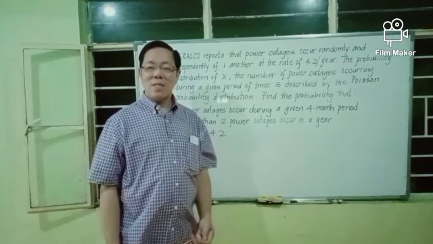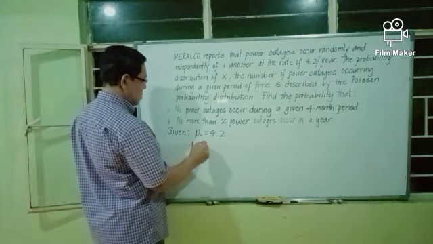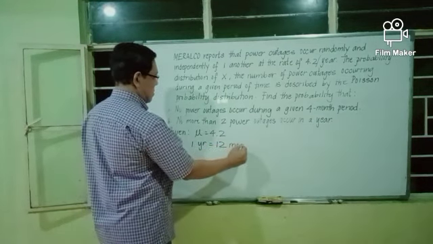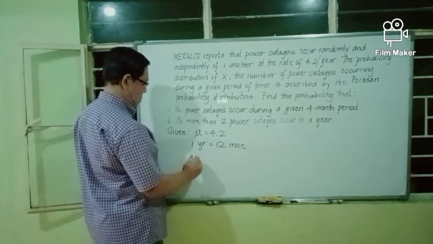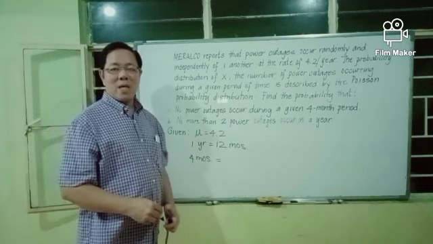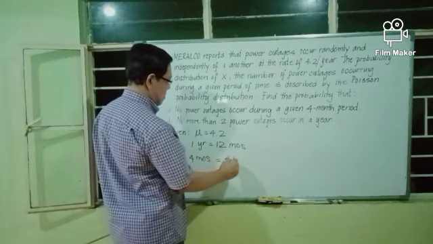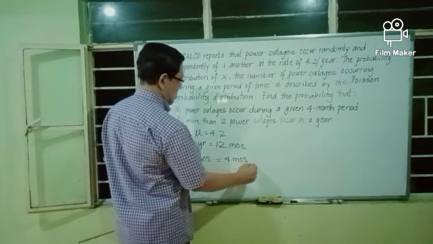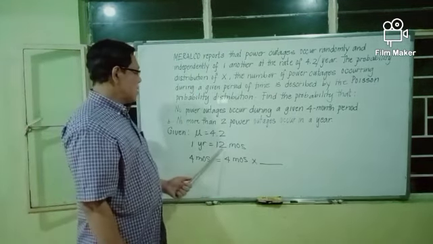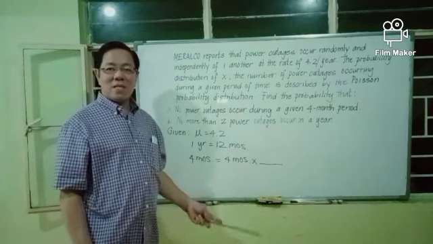And we know that in 1 year, there are 12 months. And we convert 4 months into year by multiplying 4 months by a conversion period. The conversion period is a fraction where the denominator is 12 months, so that the months in the numerator and the months in the denominator will cancel out.